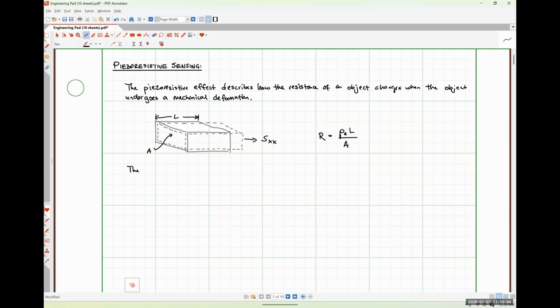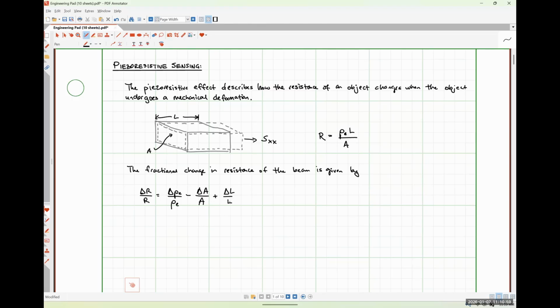The fractional change in resistance of the beam is given by the relationship delta R over R. This is simply the change of the resistance over the nominal resistance value before the change, and it is going to be equal to the fractional change in resistivity, minus the fractional change in the area, plus the fractional change in the length.